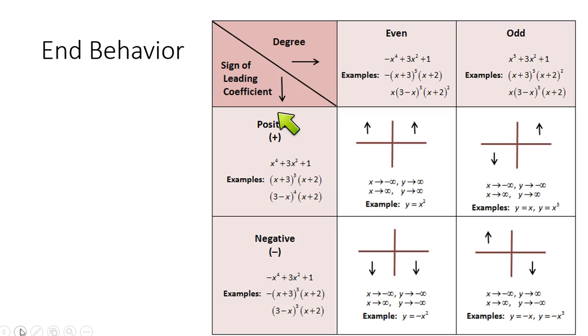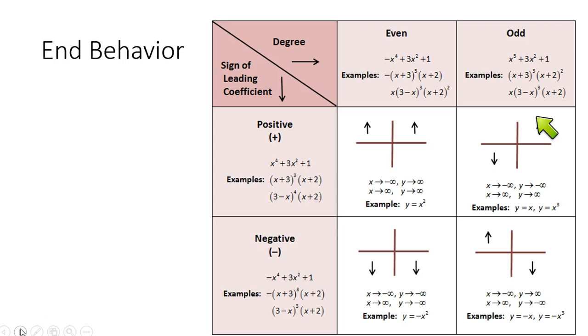Now, what I like to think of when I'm trying to determine the end behavior, the first thing I do is I determine if it's a positive or a negative. Because if it's a positive, it tells me what the graph is going to do on the right. All positive polynomials, or functions that have a positive leading coefficient, will increase or rise on the right side.